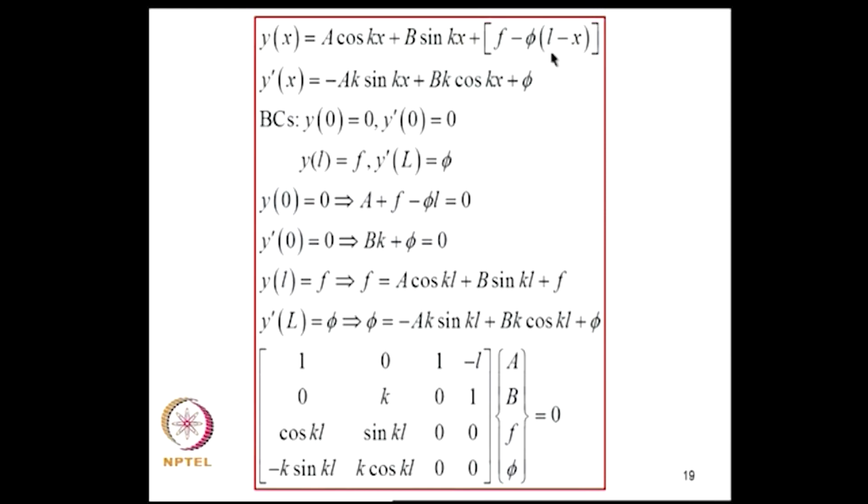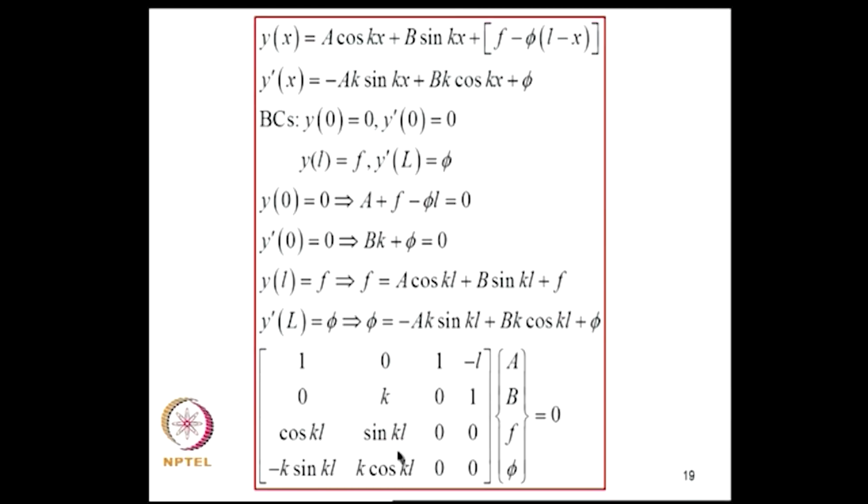So, y of x is this and y prime of x I can find by differentiating this, and by imposing the 4 boundary conditions, y of 0 is 0, y prime of 0 is 0, y of L is f, y prime of L equal to phi, I get a set of 4 equations, and the unknowns are A, B, f and phi. So, I can cast it in matrix form and write it in this form. For a non-trivial solution, the determinant of this matrix must be 0.